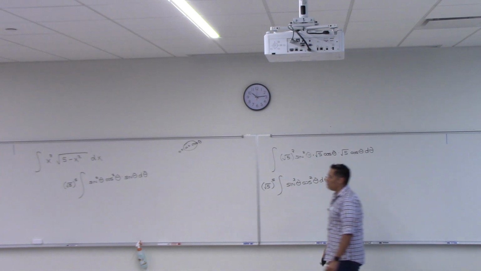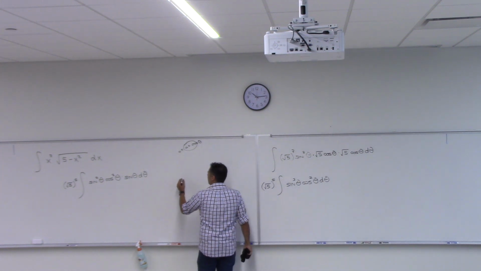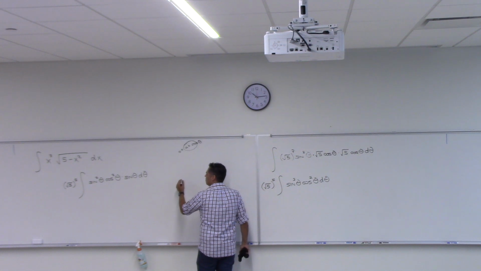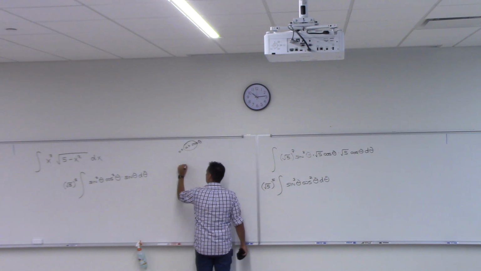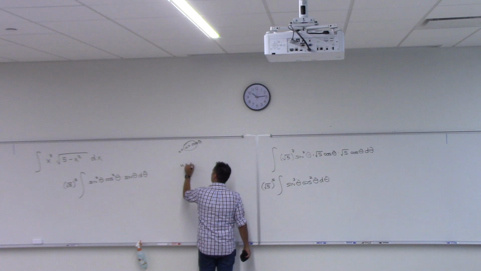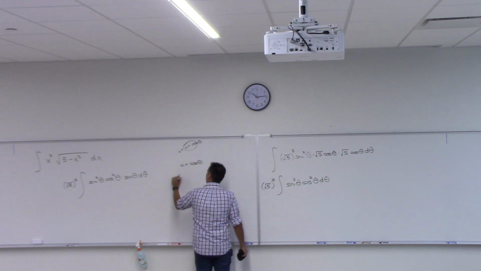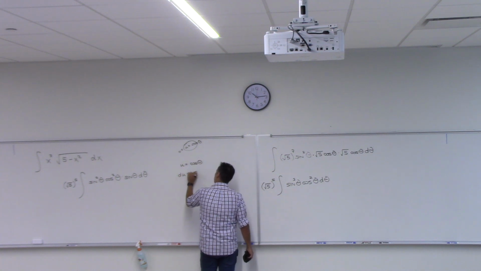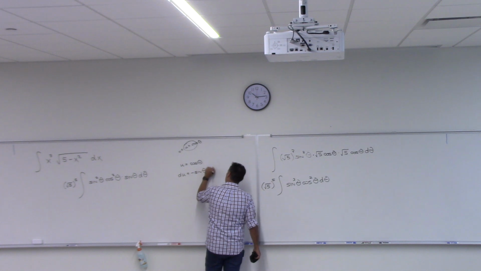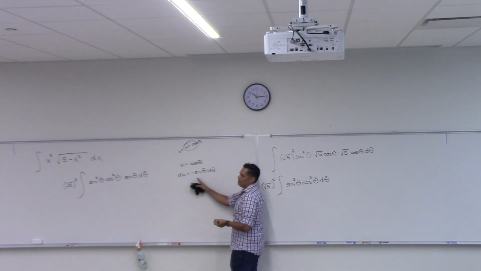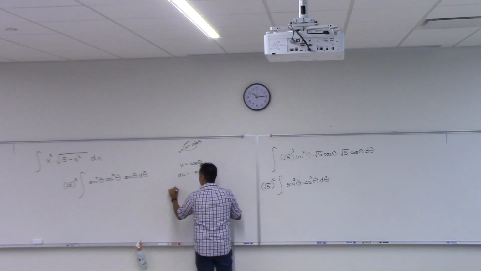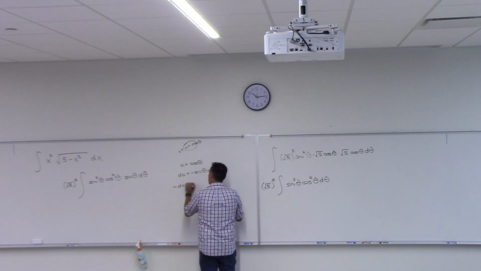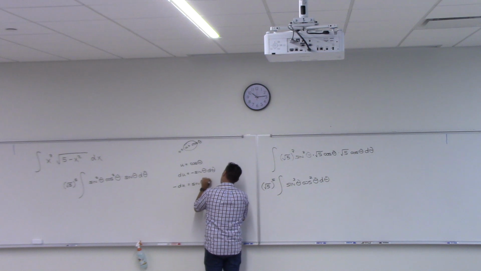Okay, I peeled off, right? I'm going to make my what kind of sub here now? U sub, right? U is equal to cosine theta. The derivative of that is negative sine theta d theta. And I know I don't have this, right? I'm off by a sign. So I just multiply both sides by -1. Okay.